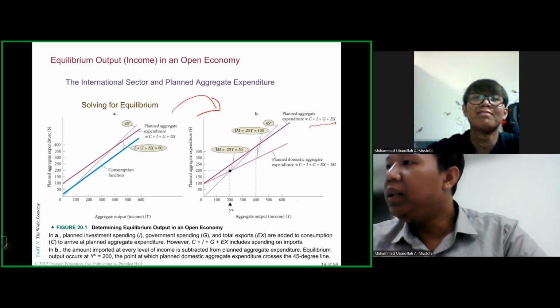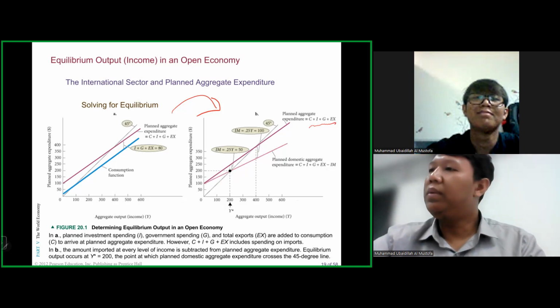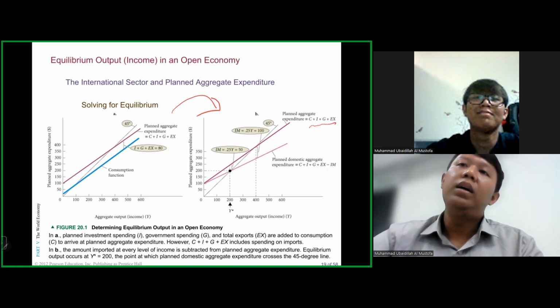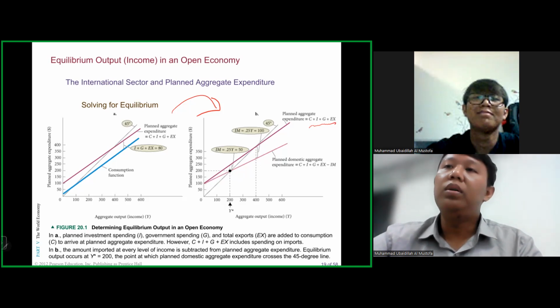So you see here, the difference between the two lines is the import. Okay, so this is like the model to show you the differences if we calculate our planned aggregate expenditure by considering import or by not considering the import.